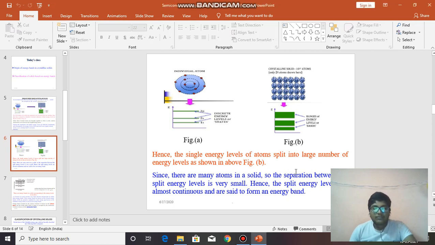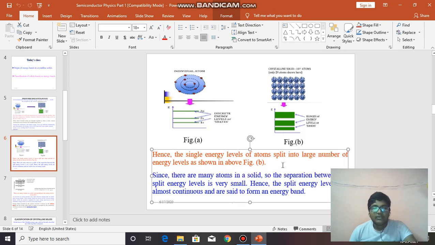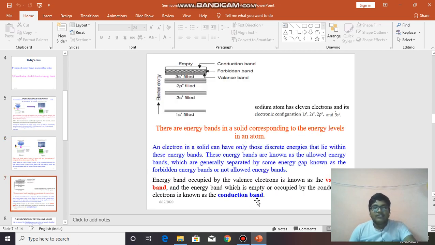Since there are many atoms in a solid, the separation between the split energy levels is very small. Hence the split energy levels are almost continuous and form an energy band.